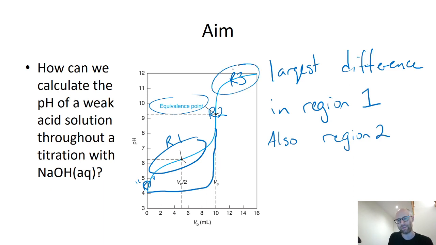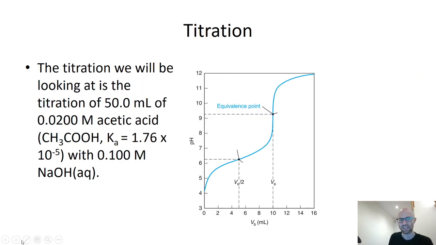I can't really comment as to region 3's difference, so we're going to leave it for later. But today we're going to take a look at, like I said, acetic acid. Before, we looked at hydrochloric acid or hydrobromic acid, but it's more or less the same thing. Just for the sake of argument, we're going to ignore activities for this whole thing, just to make everyone's life a little bit easier.